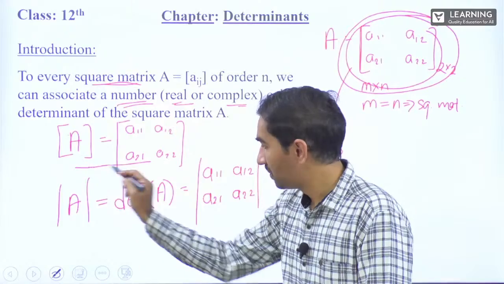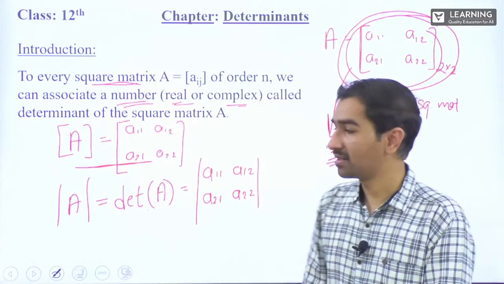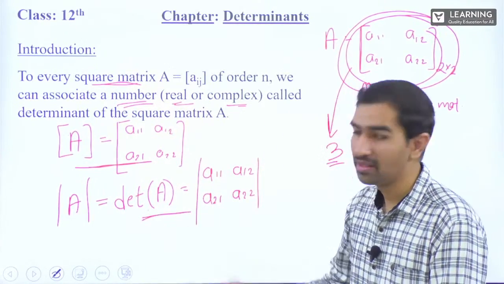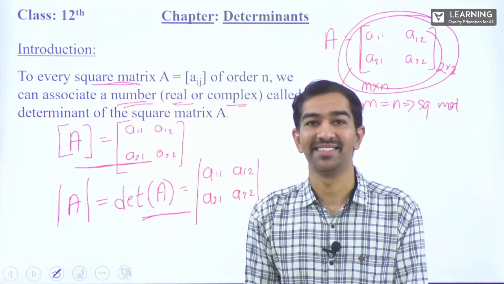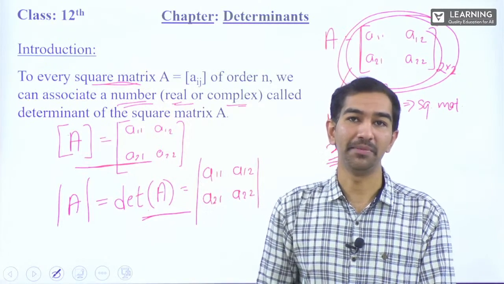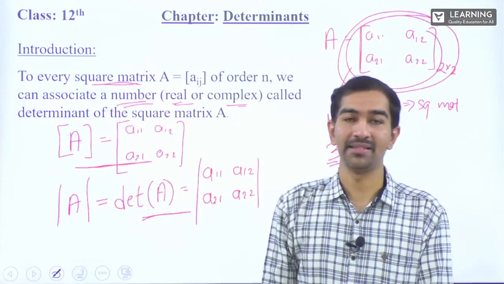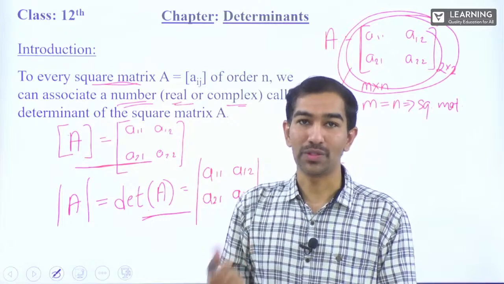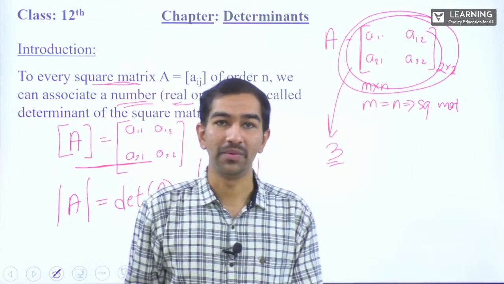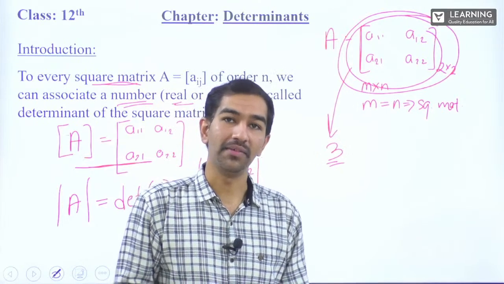This is how we represent a matrix, and this is how we represent a determinant. Understood the meaning of determinant? Once again, it is a far relative of a matrix, which associates a single value or single number for the given matrix.